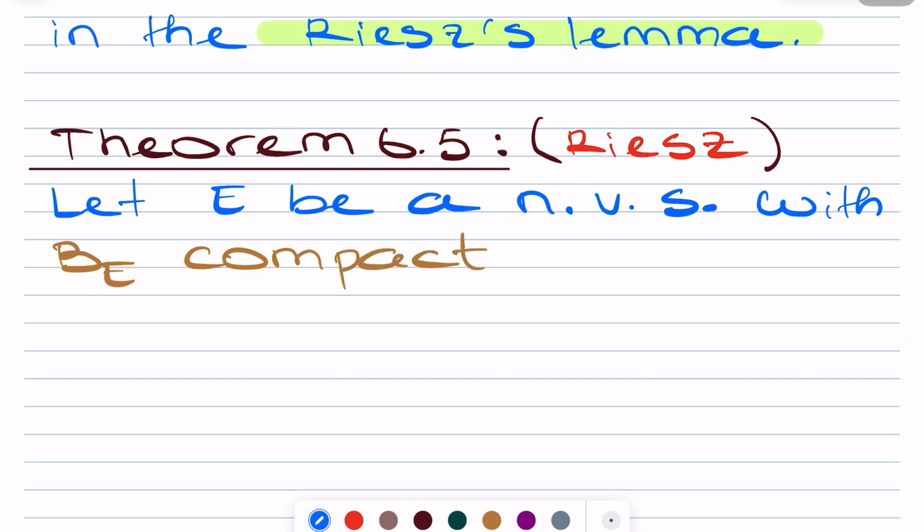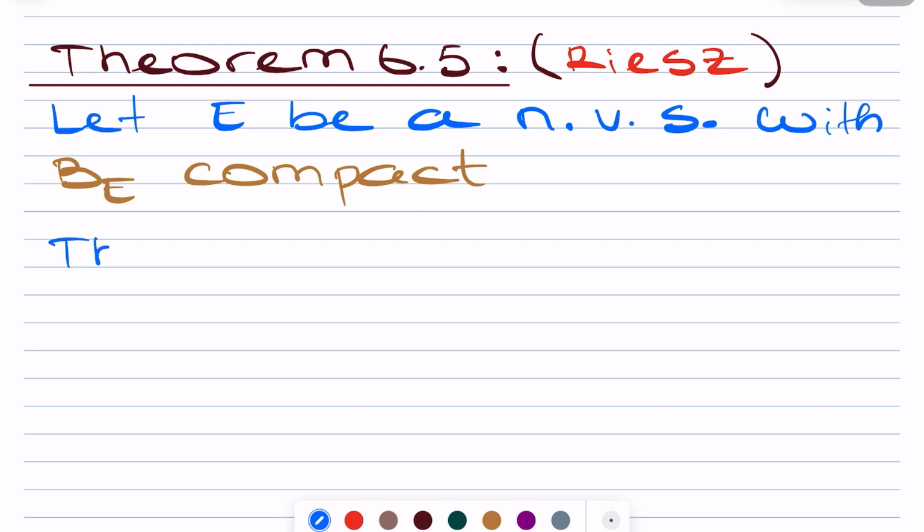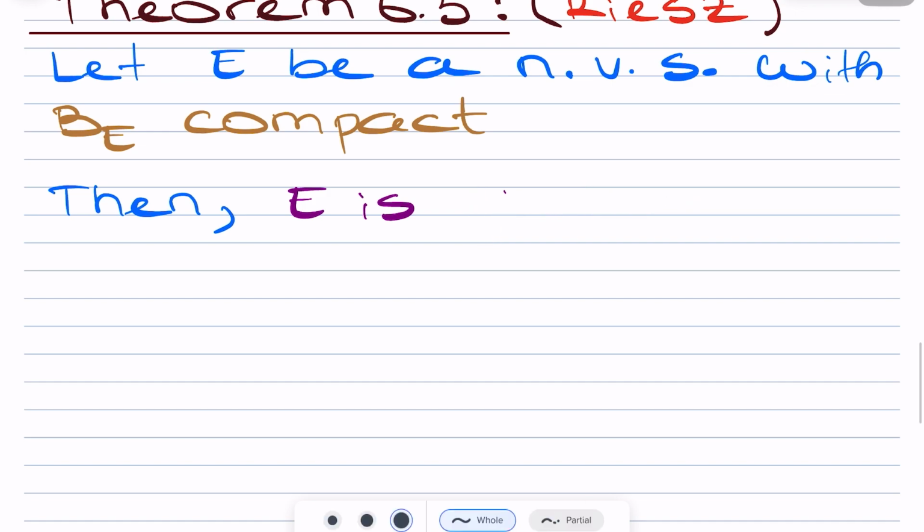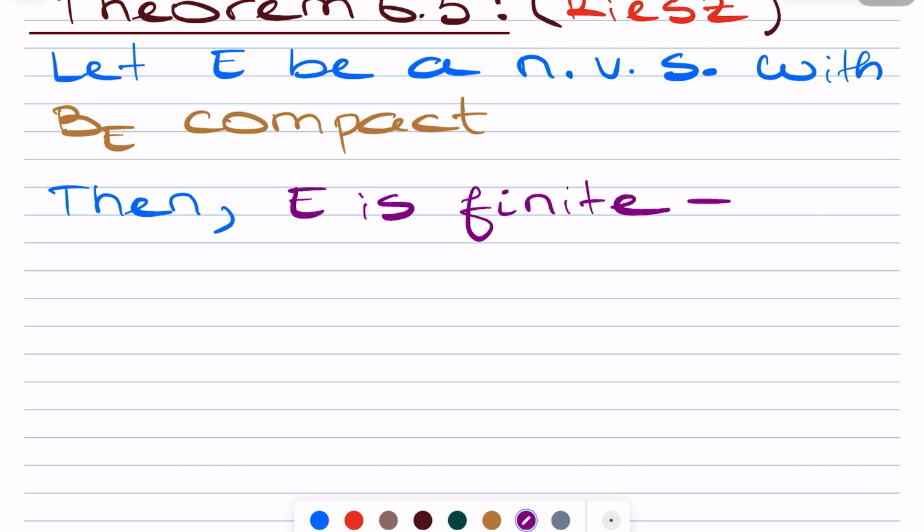So the Riesz theorem says that if the closed unit ball in E is compact, then E is finite dimensional. Okay, so proof.